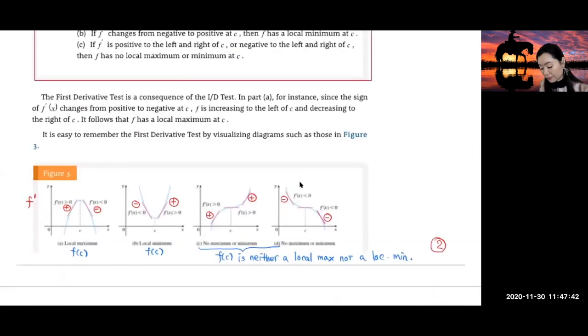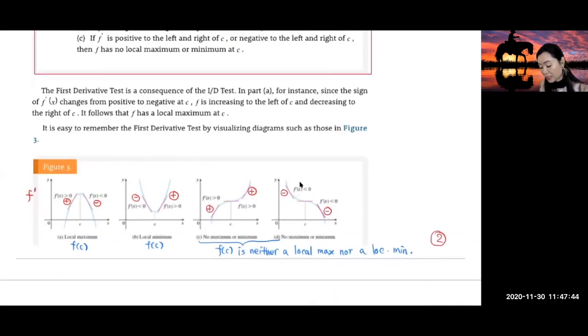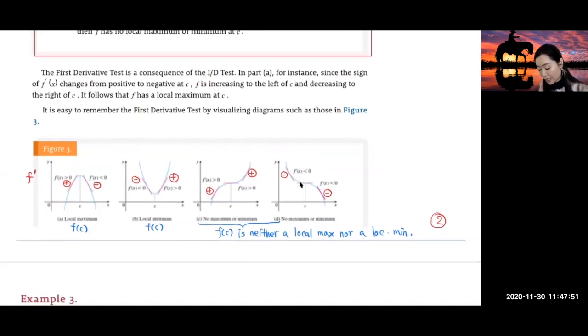The first derivative test is actually a consequence of the increasing decreasing test. The book asks you to visualize it by using this diagram. They say if the first derivative is positive on the left and negative on the right, then this function value is the local max.